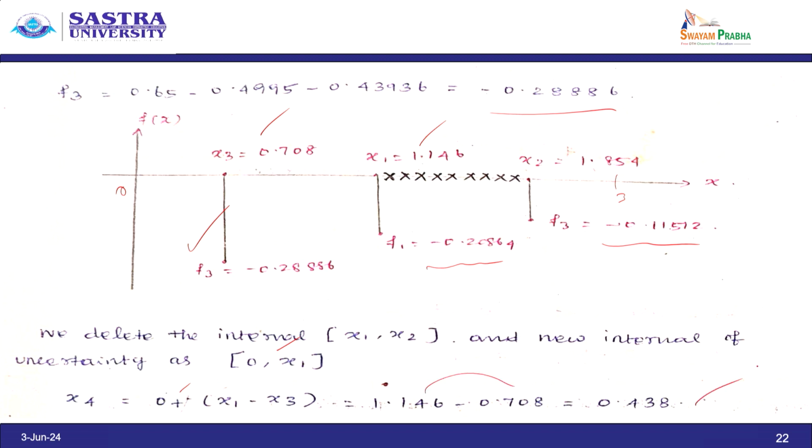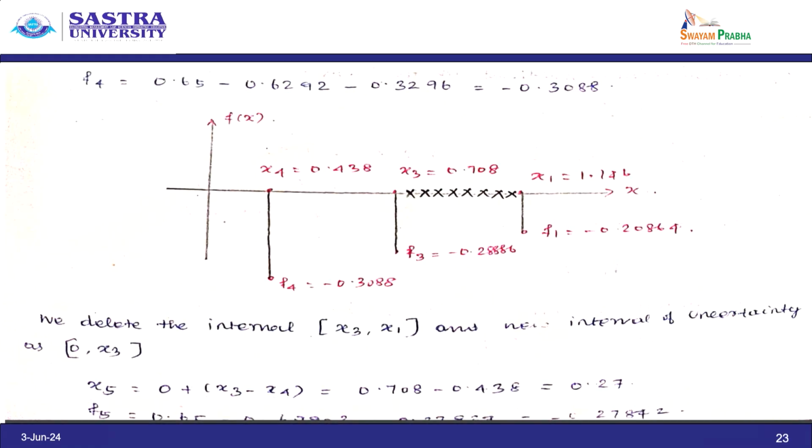So, the net value is 0.438. Now, we get F4. Substitute x4 in the given equation: 0.65 minus 0.6292 minus 0.3296, and the net value is minus 0.3088.